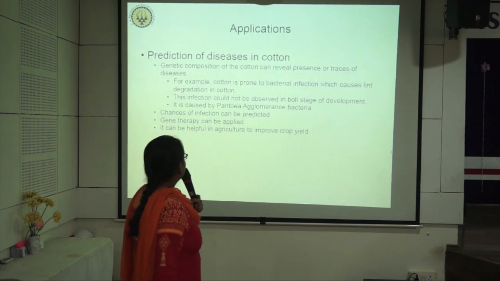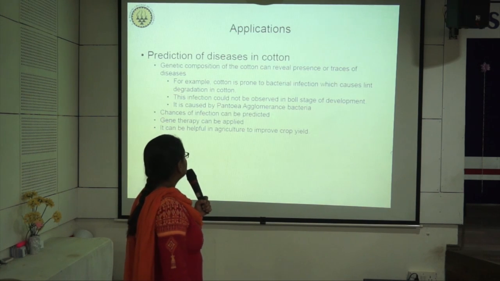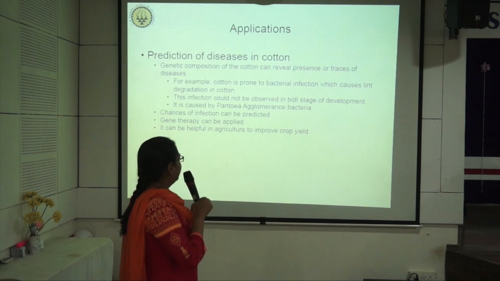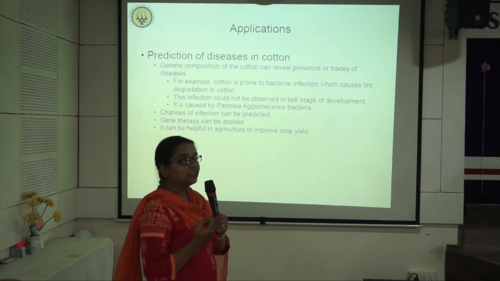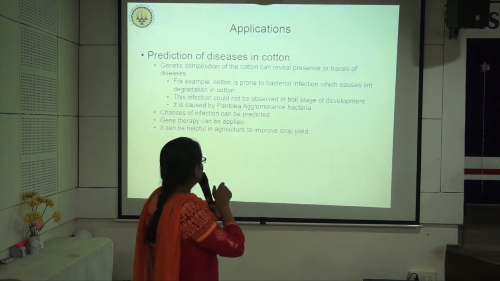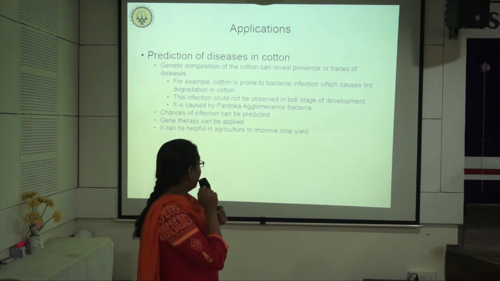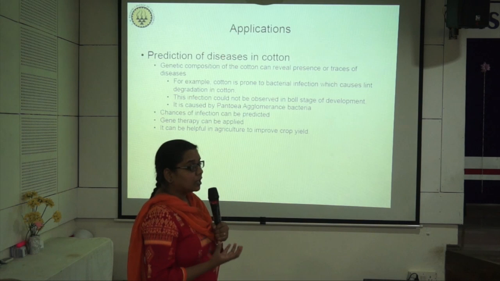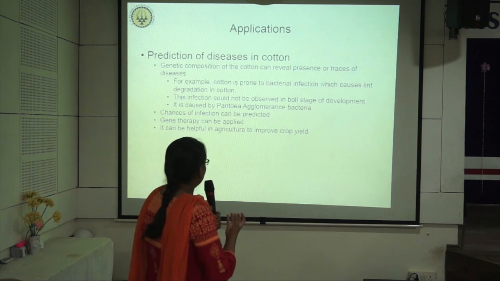Applications of this kind of work: the prediction of diseases is important. We have written one paper on checking the infection in cotton. This infection, caused by Pantoea agglomerans, could not be seen when the boll of the cotton is growing.